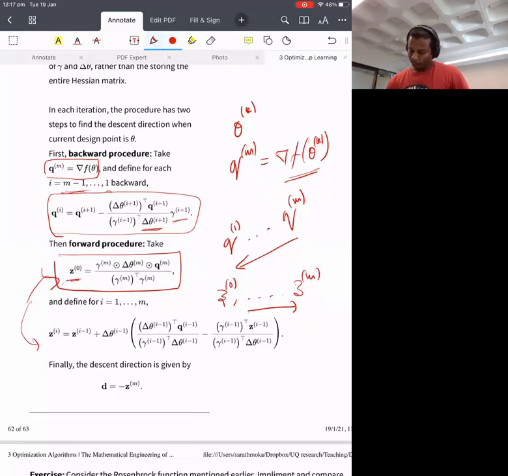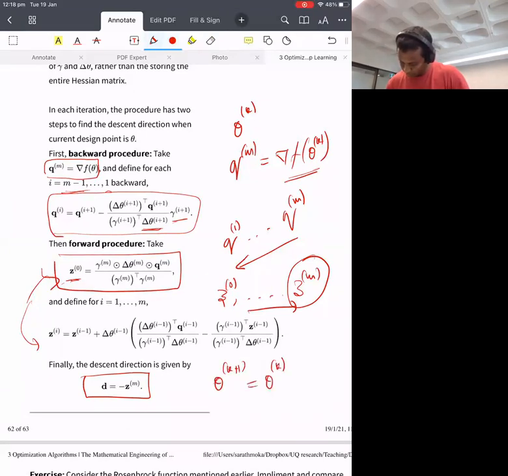Finally, once you compute zm, the negative of that becomes the descent direction. So what is the update then? The final update will be theta k plus 1 is equal to theta k minus alpha k times dk.